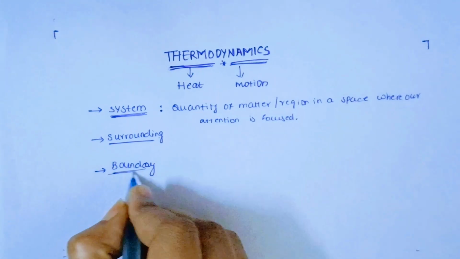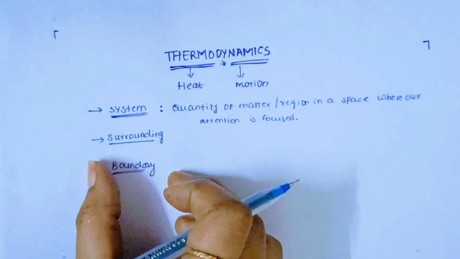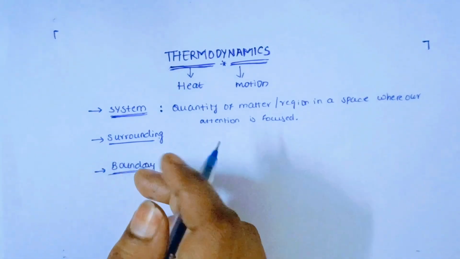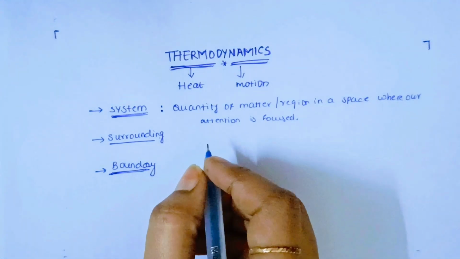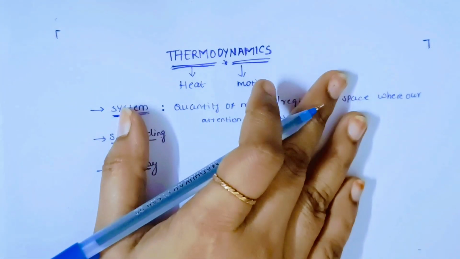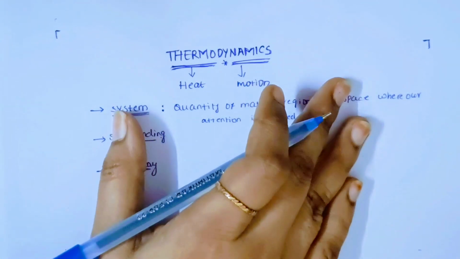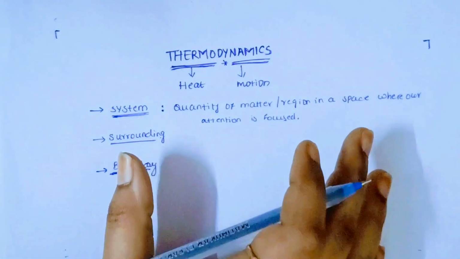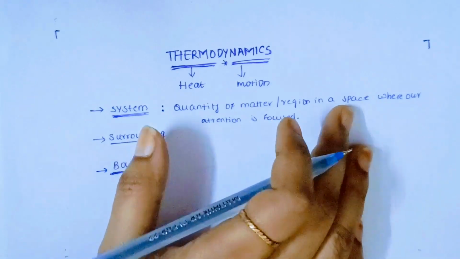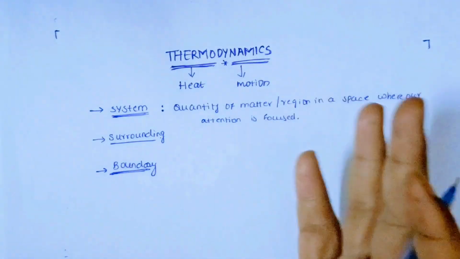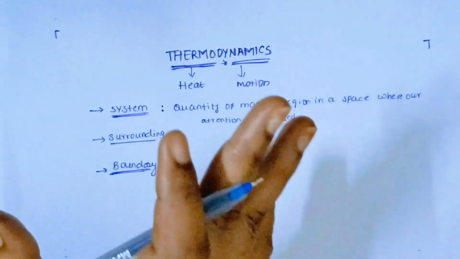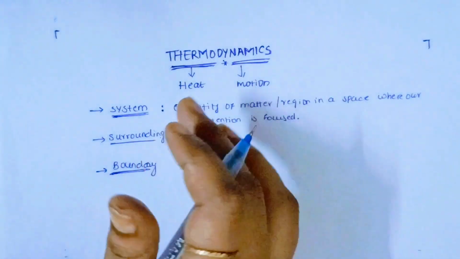And what is the boundary? If you take this example only, you are focusing on this class, so your system is your concentration on this class. Everything external to this class, like your mom, dad and their talking, comes under surrounding.